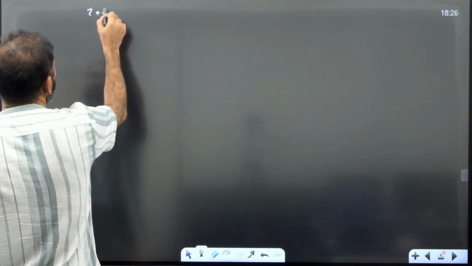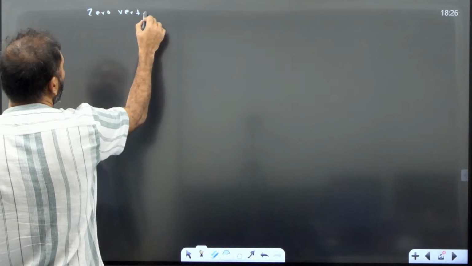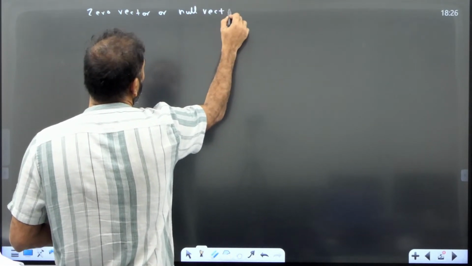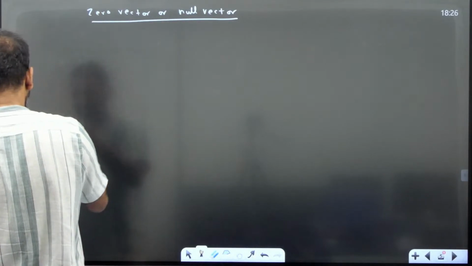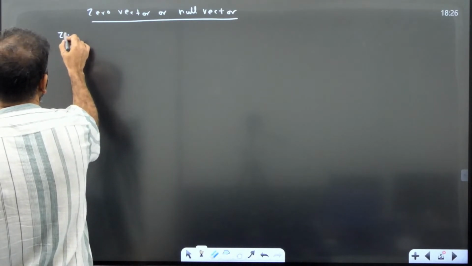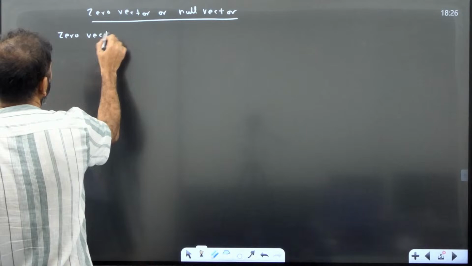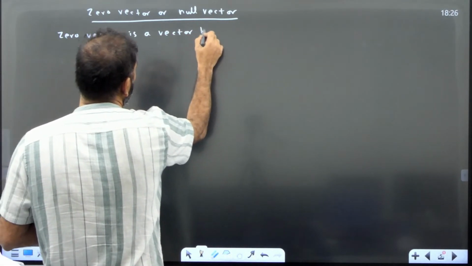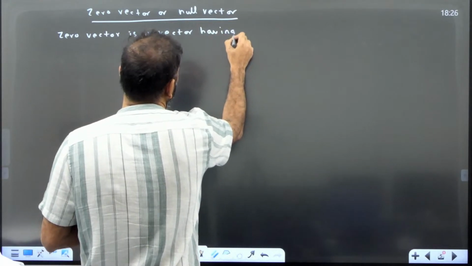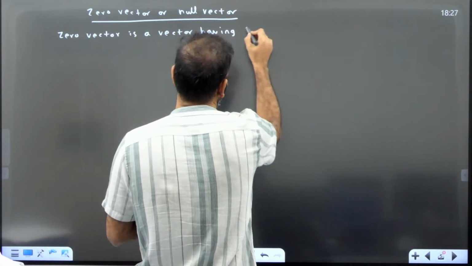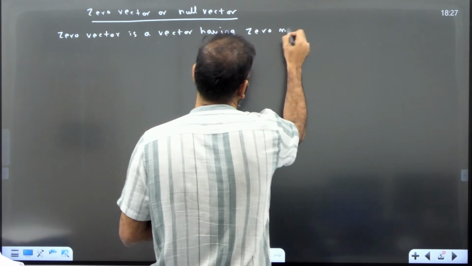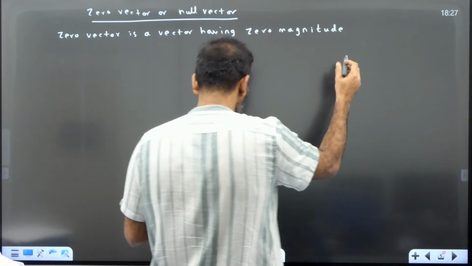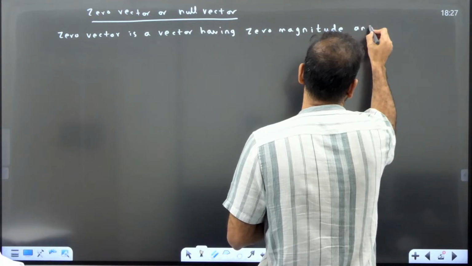Zero vector or null vector. Zero vector is a vector having zero magnitude and an arbitrary direction.